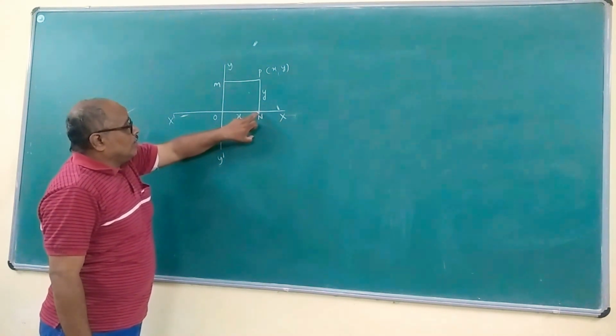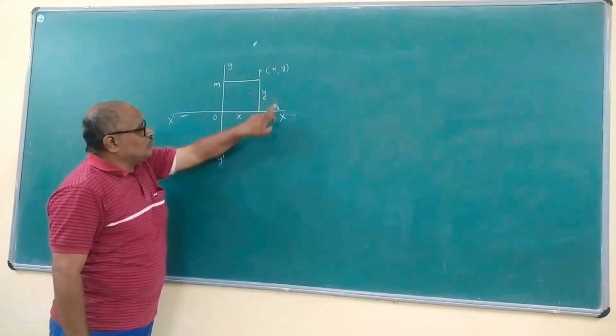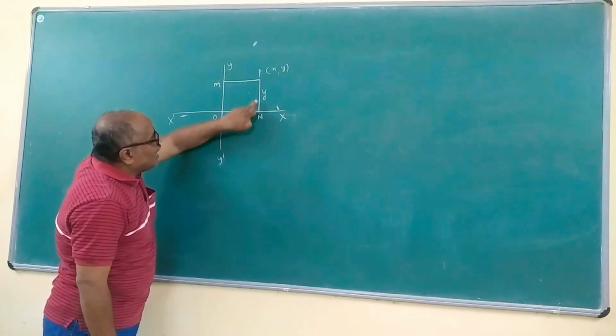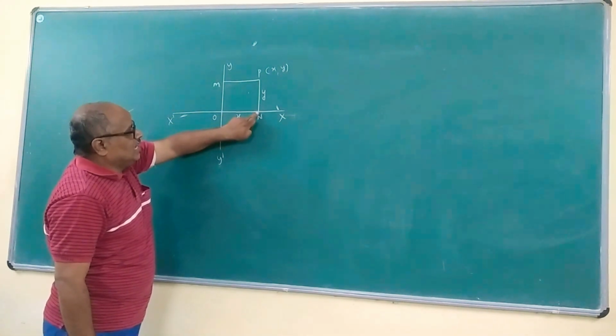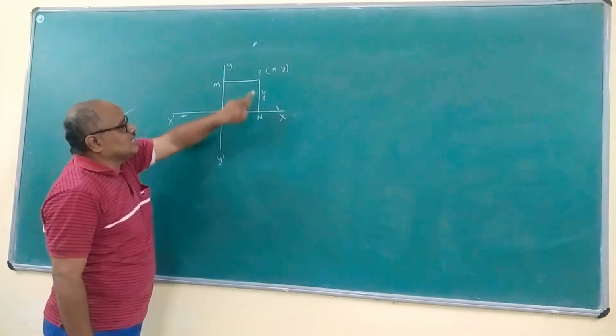But the distance y is from the x-axis. NP is drawn from the x-axis.